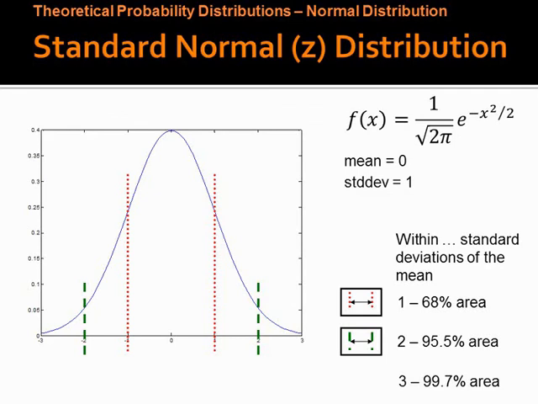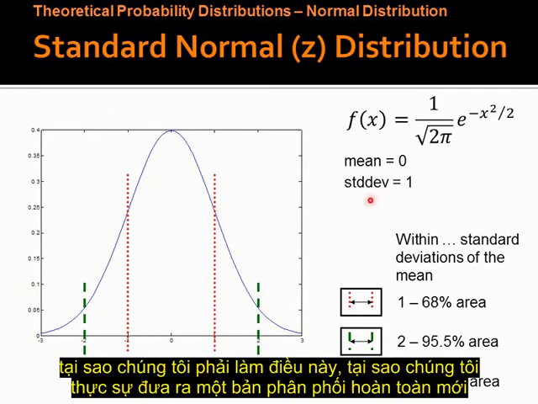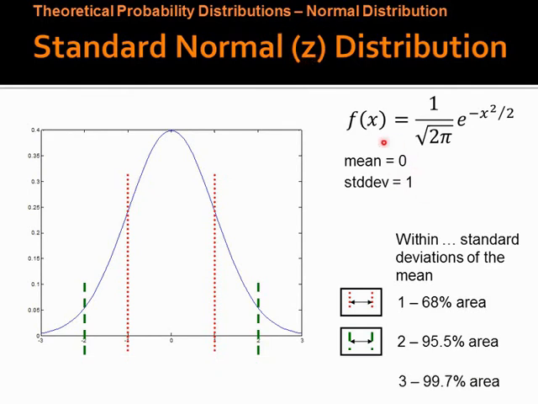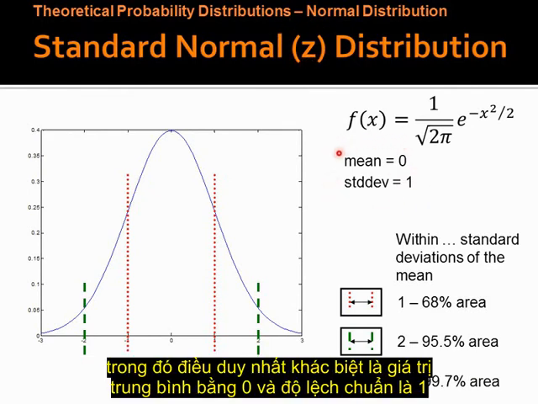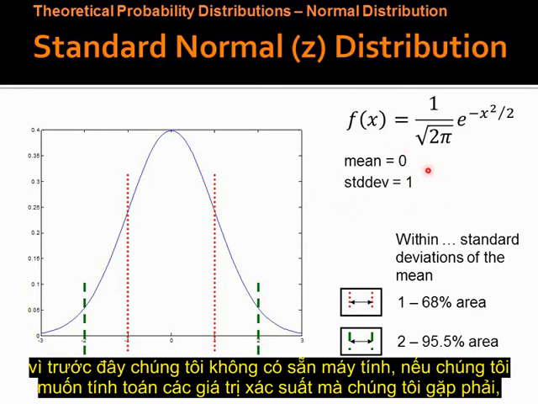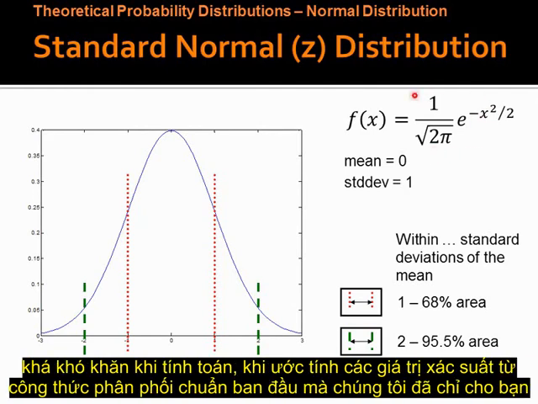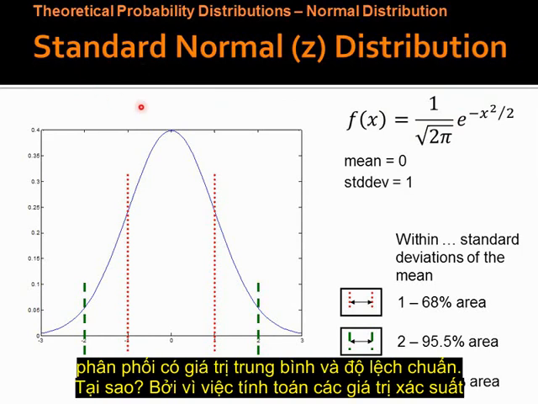Now, why do we actually do this? Why do we come up with a totally new distribution where the only thing that differs is the mean of 0 and standard deviation of 1? It's because in the past, when we did not have computers available, if we wanted to calculate probability values, it was quite difficult to estimate them from the original normal distribution formula, the one with the mean and the standard deviation values.